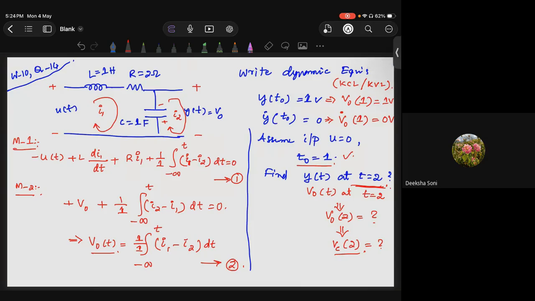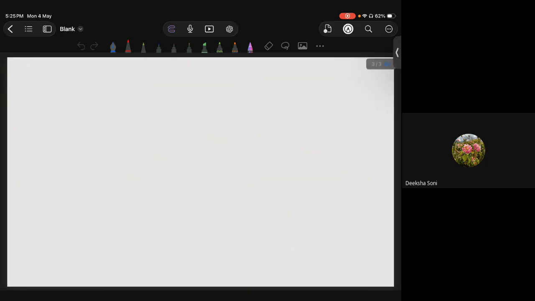So we have to find at t equal to 2. Let me take the problem like this.